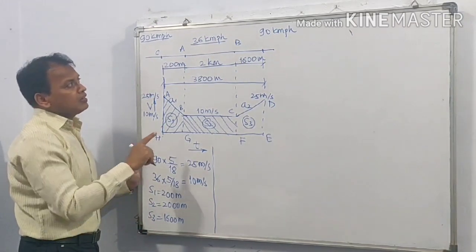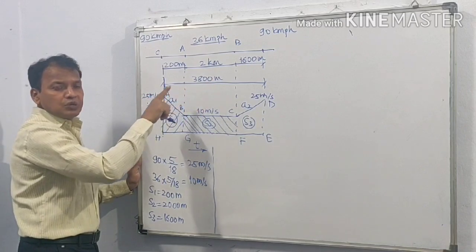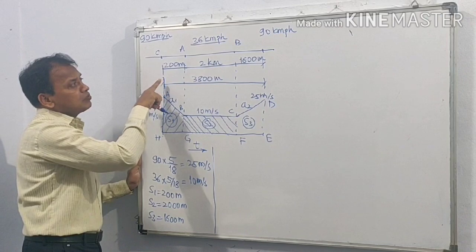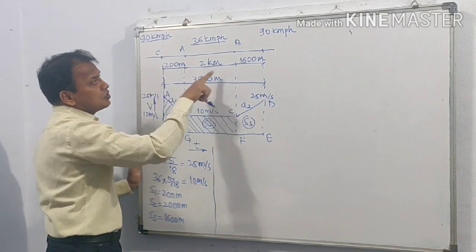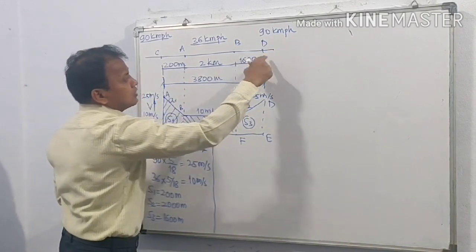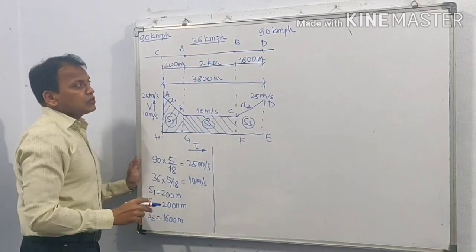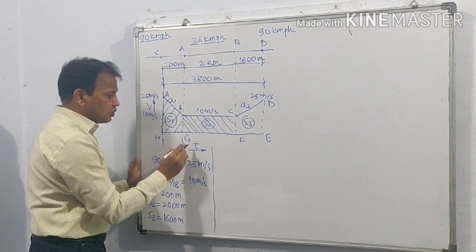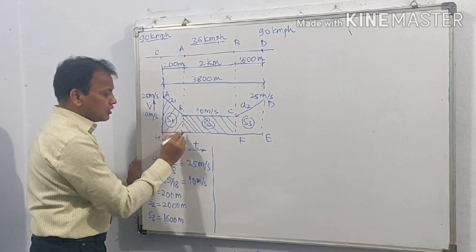As we want to find time lost because of repairs on railway track, we have to find what is the time taken by train to travel from C to D, this point. So let us find time, and therefore as we are denoting time here, we are showing time here.